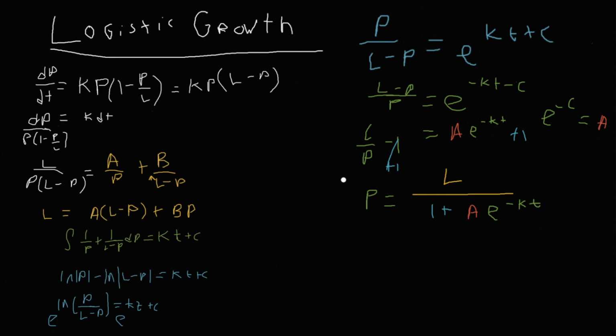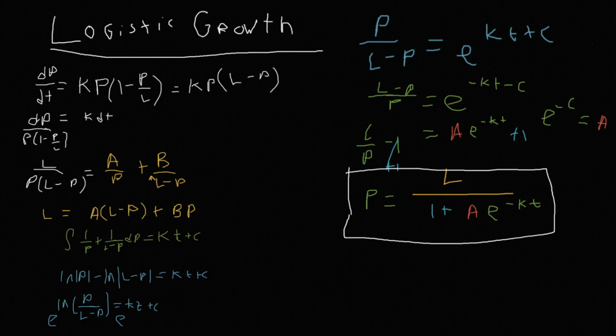Yes, this is an absolute mess, and this is why I'm going to just say memorize this for logistic growth. So whenever you have logistic growth, remember it's carrying capacity over 1 plus the constant e to the negative kt.